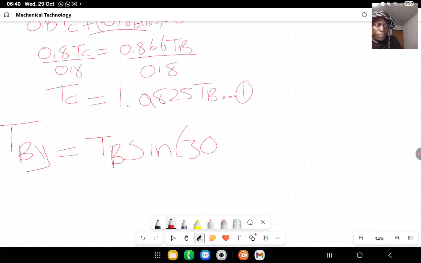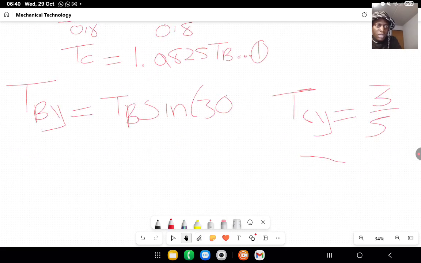That means our TCY is equal to 3 over 5 TC.